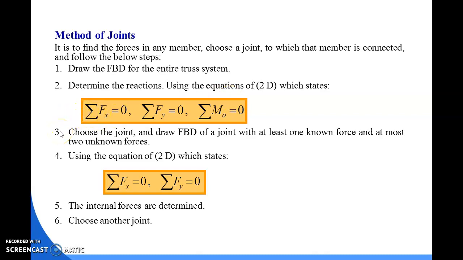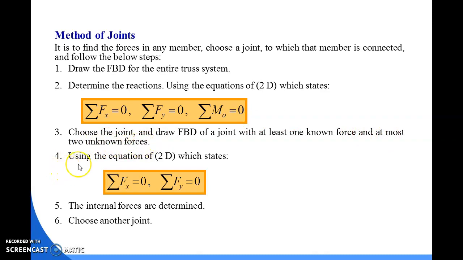Then in step 3, we have to choose the appropriate joint and draw the free body diagram of the joint with at least one known force and at most two unknown forces.